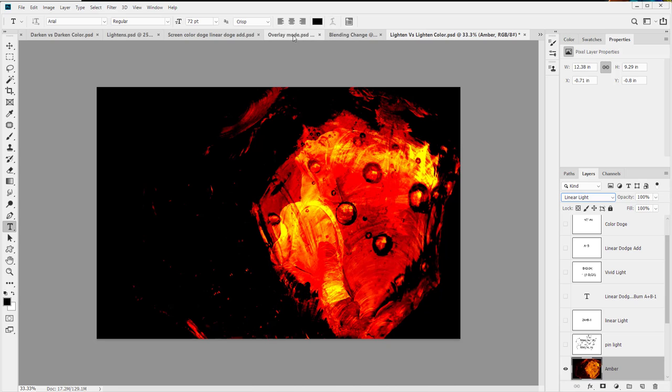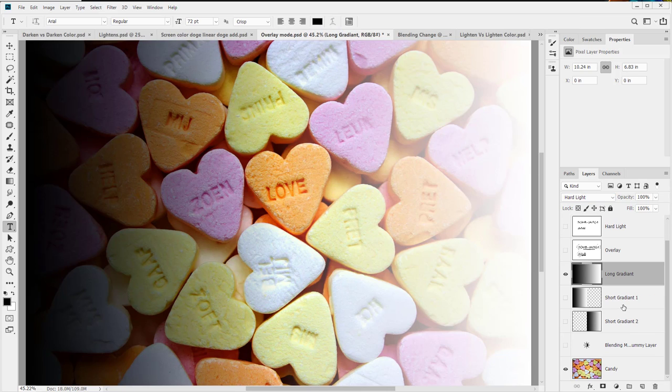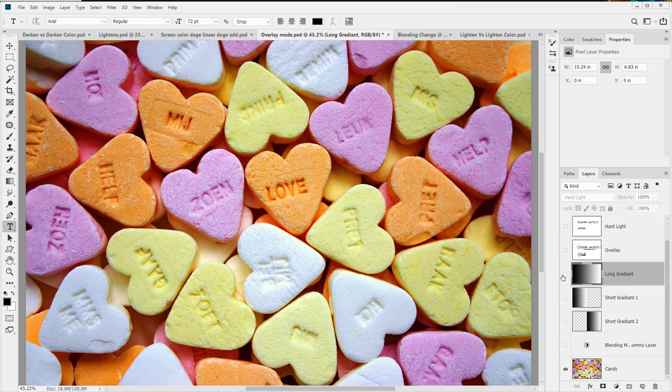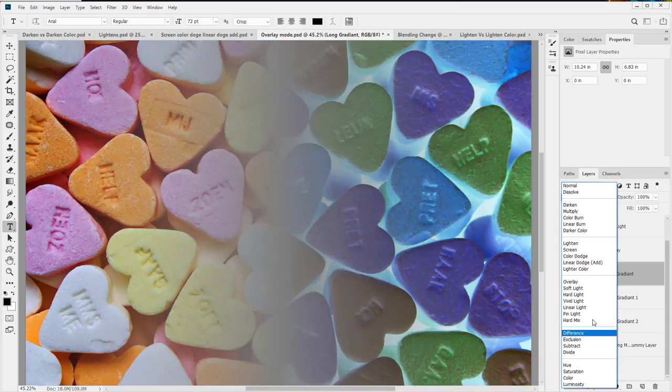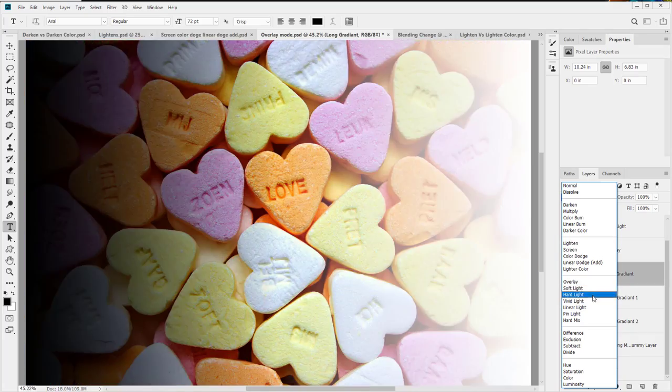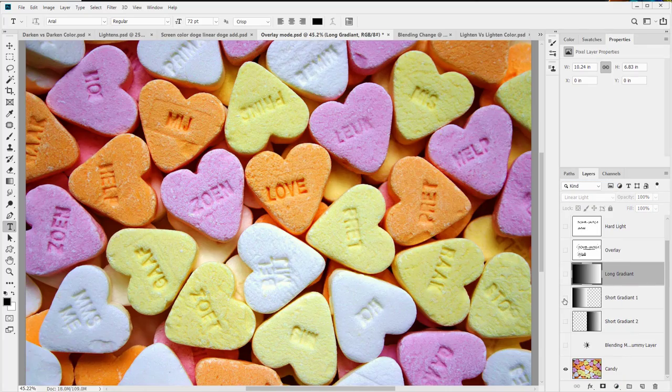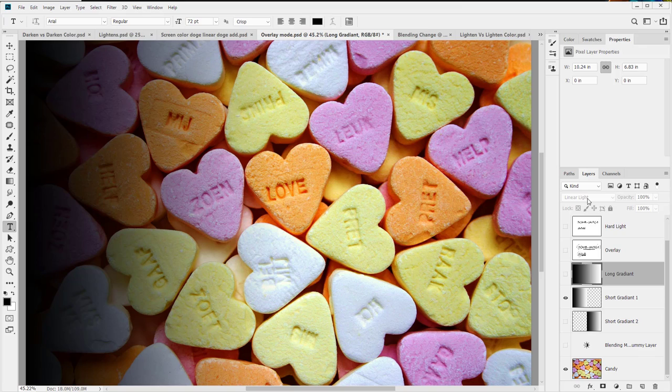So let's go ahead and poke at it in another way. Hey, remember the candies? We got the candies. Go ahead and set this to linear light, and then we'll set this one to our linear dodge.